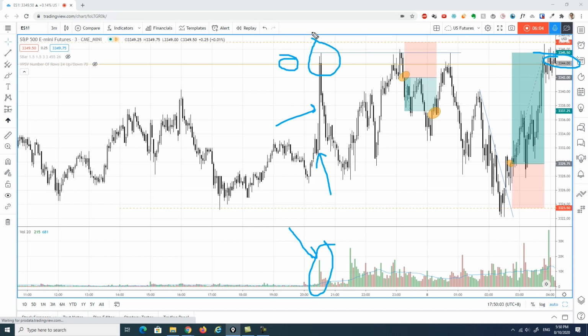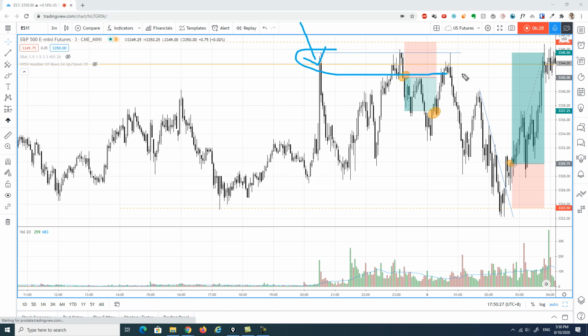Subsequently we've seen immediate rejection there, so it just can't commit above the previous day high, followed by the rejection bar on this bar here, and subsequently a reaction down. So that's for the non-farm payroll. We definitely see a supply level at around 33.45. So this area is a supply zone.